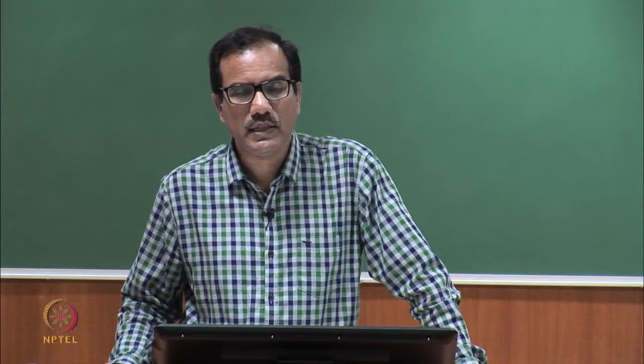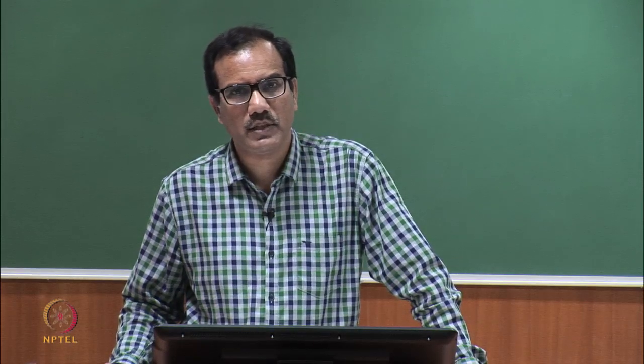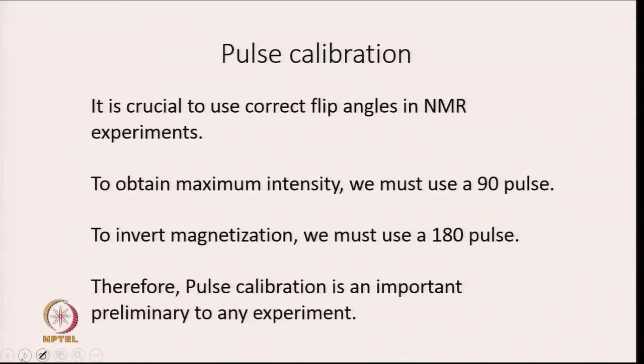The second important thing is, if you want to get maximum signal, it is crucial to use correct flip angles in NMR experiments. You must remember that NMR is a low sensitivity technique. So, we want to get maximum signal from each scan, and so it is crucial to use the correct flip angle.